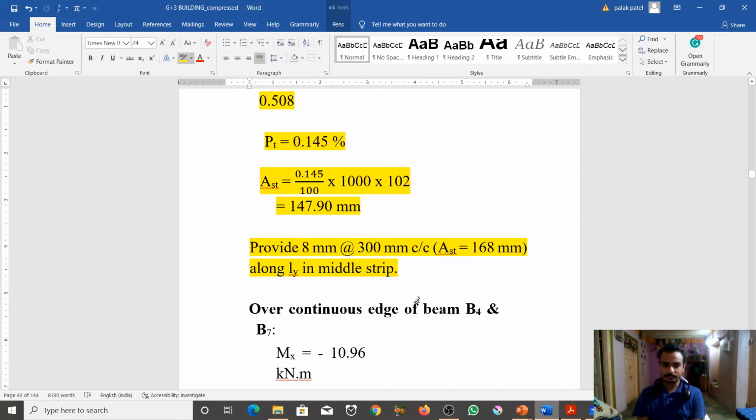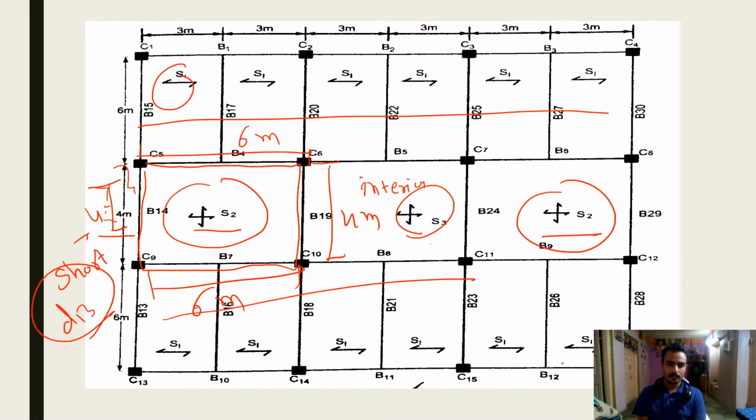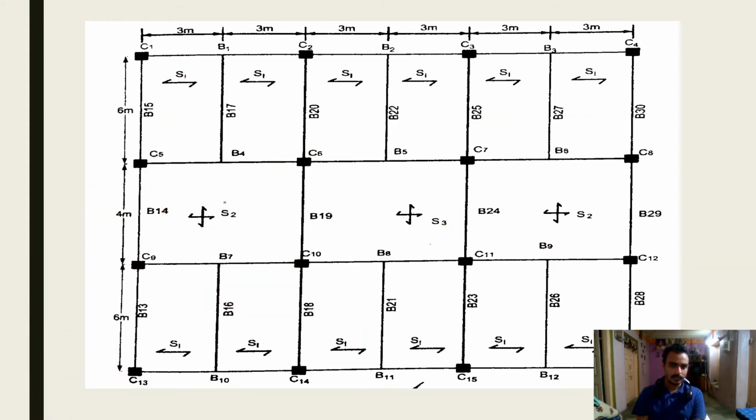This is provided. Okay, now we have to design our supports. At the supports, our continuous edges of beam B4 and B7; here is B4 and here is B7.